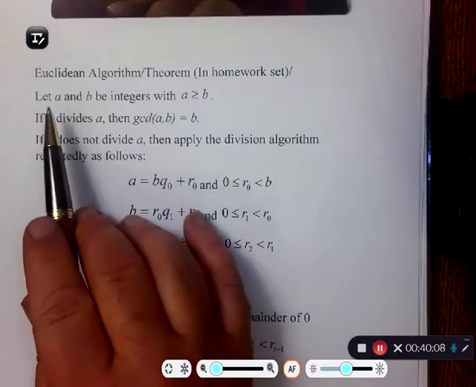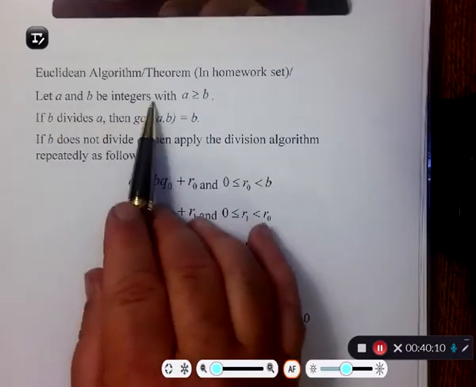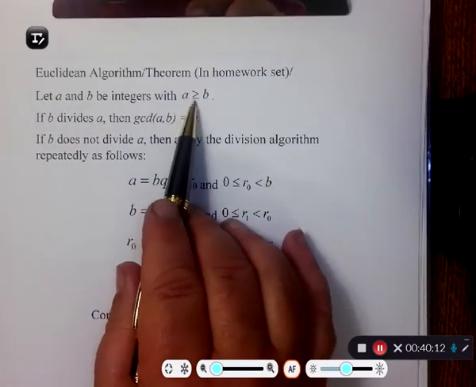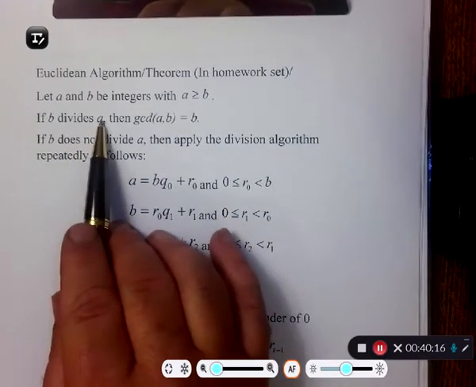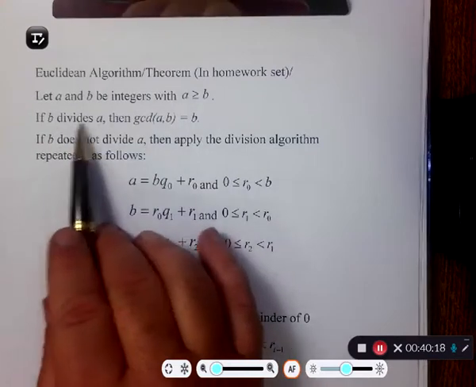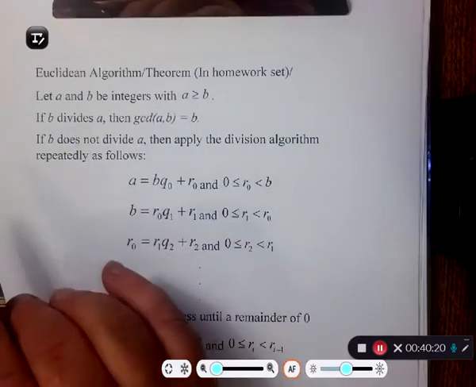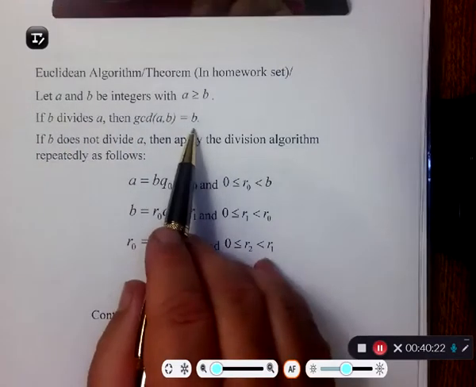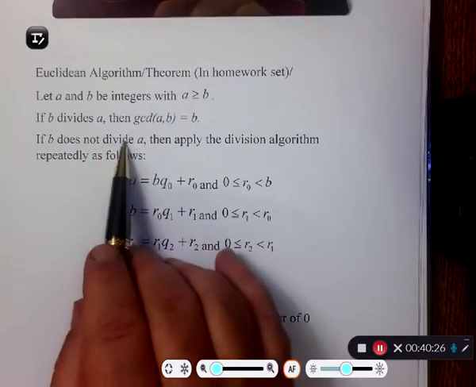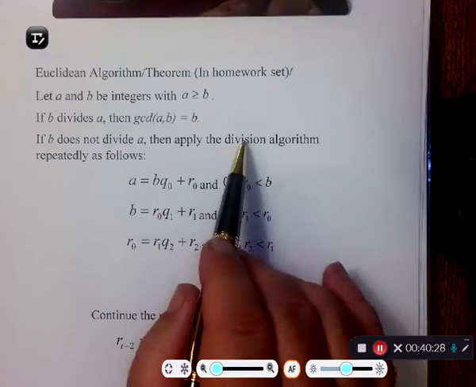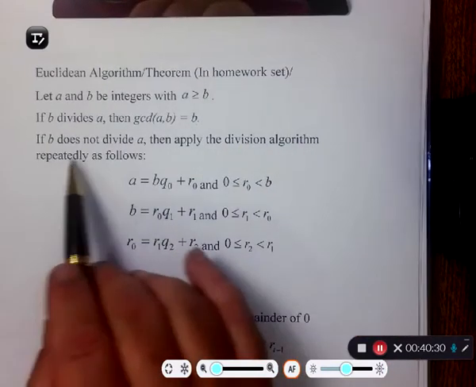It says this: let a and b be integers with a greater than or equal to b. If b divides a, then the GCD of a and b is equal to b. However, if b does not divide a, then apply the division algorithm repeatedly as follows.